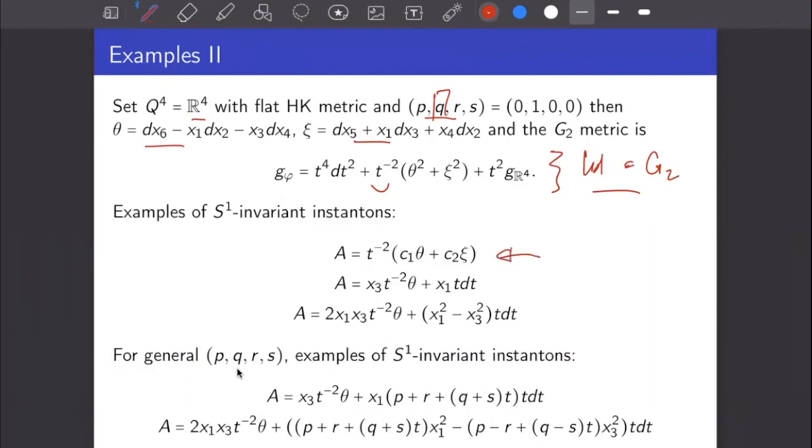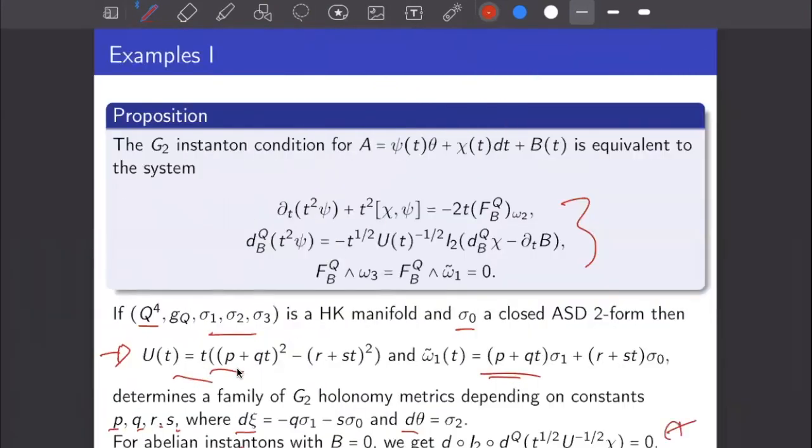Here's the first example, which corresponds to the dual of the Killing vector fields associated to X and X_T. Because these are Killing vector fields which preserve the G2 3-form, these naturally define G2 instantons. But actually, there are other abelian G2 instantons which do not come from any symmetry. You can check that these indeed solve this system here.